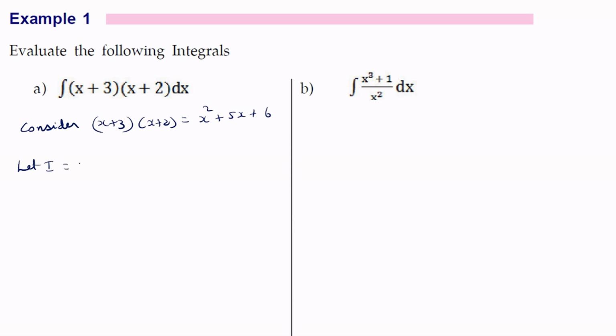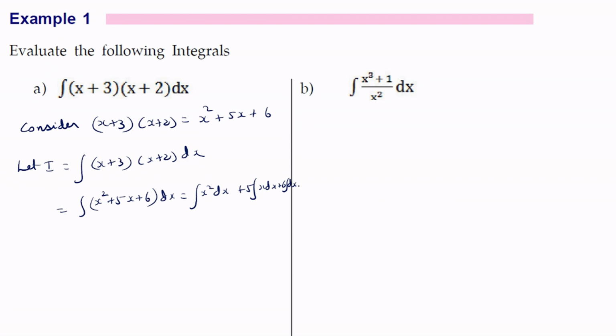So let I be equal to integral x plus 3 into x plus 2 dx. So this is equal to integral x square plus 5x plus 6 dx. It is integral x square dx plus 5 integral x dx plus 6 integral dx.